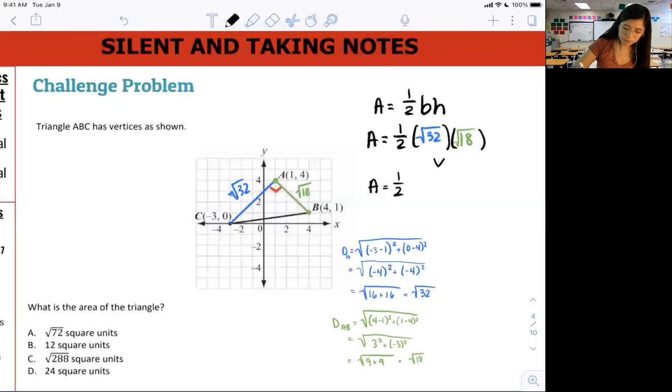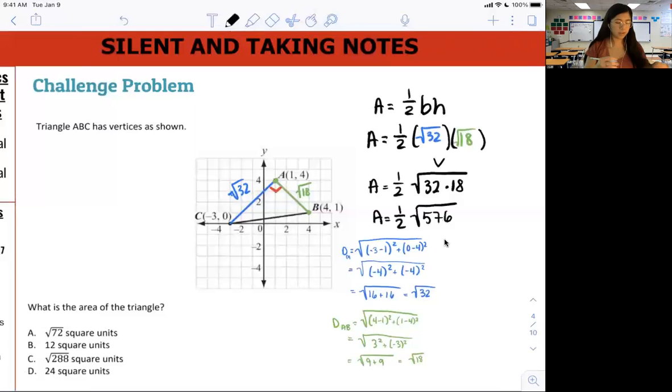So this is the square root of 32 times 18. Instead of keeping them separate, I can merge them both into the radical. And then what is 32 times 18? 576.